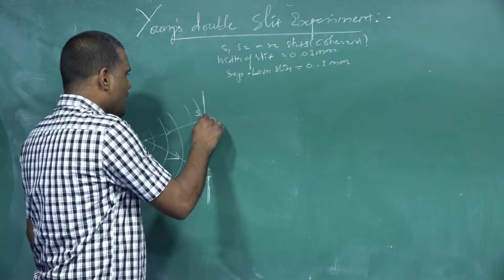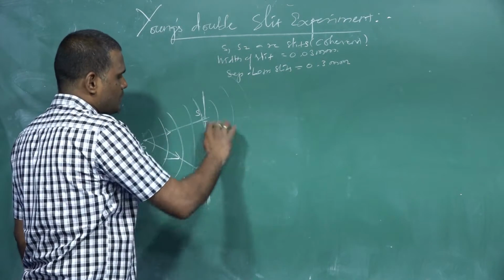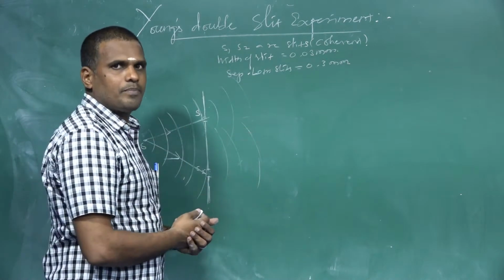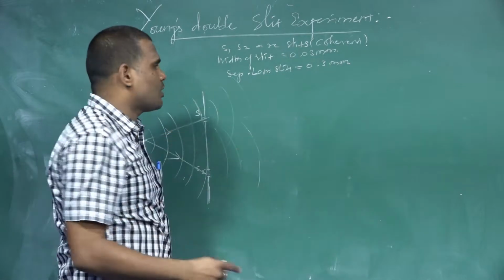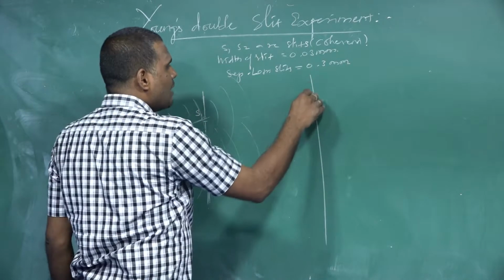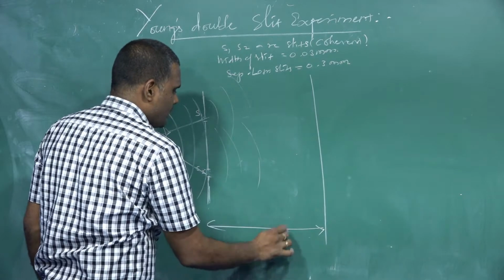Now, the waves arriving at the two slits S1 and S2 will spread out, and they superpose one over the other. They will form alternate bright and dark fringes on a screen placed at a distance, let us say 1 meter.